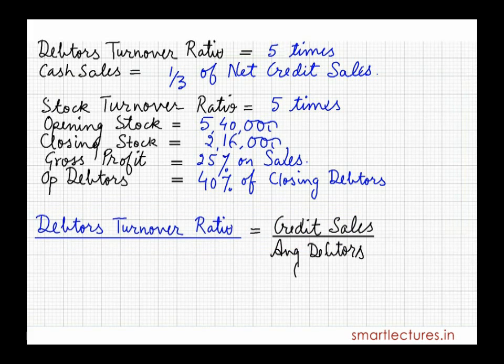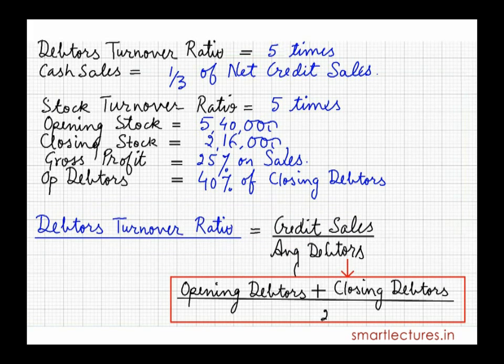Means debtors turnover ratio is equal to credit sales upon average debtors, and average debtors is equal to opening debtors plus closing debtors upon 2. So this formula can be utilized to reach opening debtors and closing debtors. Debtors turnover ratio is already given in the question, that is 5.